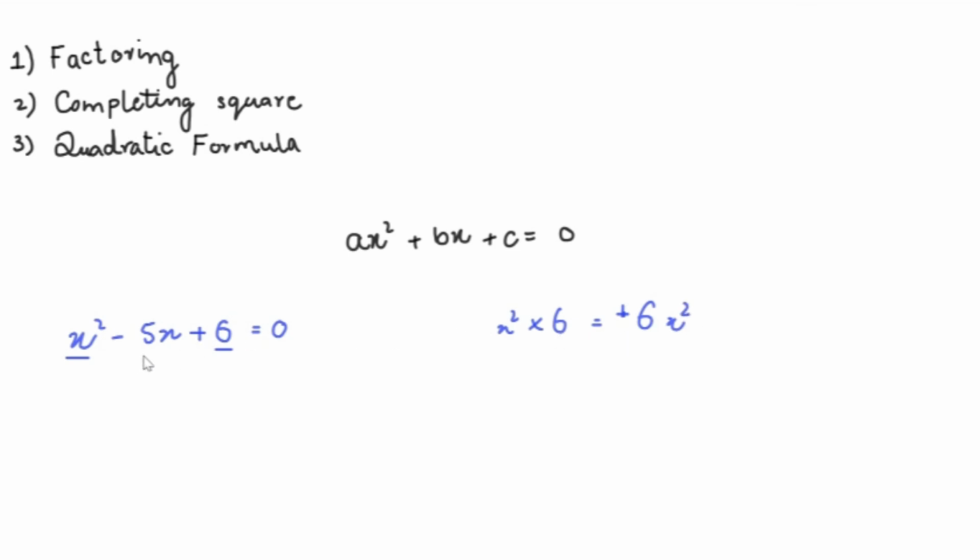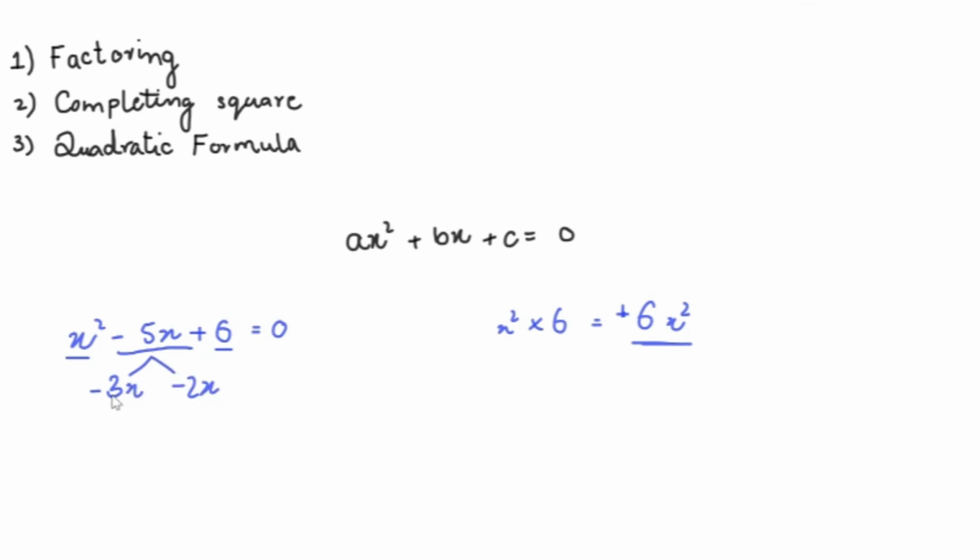Now we need to factor the middle value, that is the value with x to the power of 1, into two values such that when we add them, we get minus 5x, and when we multiply them, we get the value we calculated from multiplying these two. So if we look at this minus 5x, we can break it down into minus 3x and minus 2x.